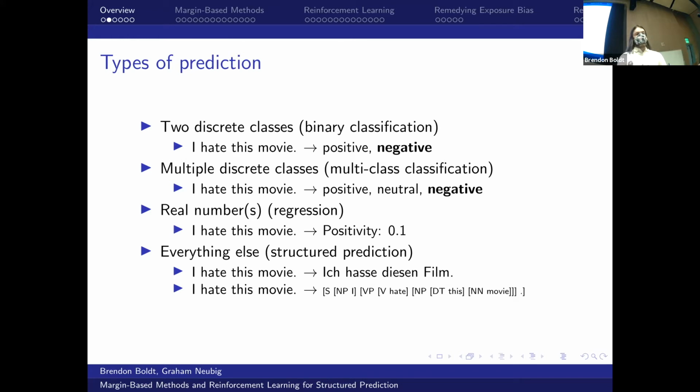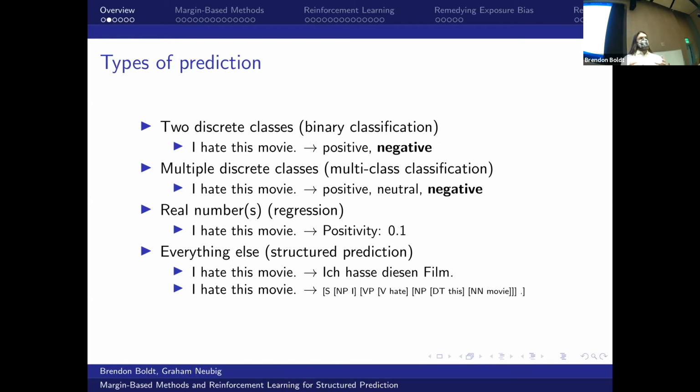So this would apply to something like machine translation, where we want to go from, I hate this movie, to ich hasse diesen Film, where the output is a sequence of labels or a sequence of words. And this could be even more explicitly structured if we were going from something like a sentence to the parse tree for that sentence.